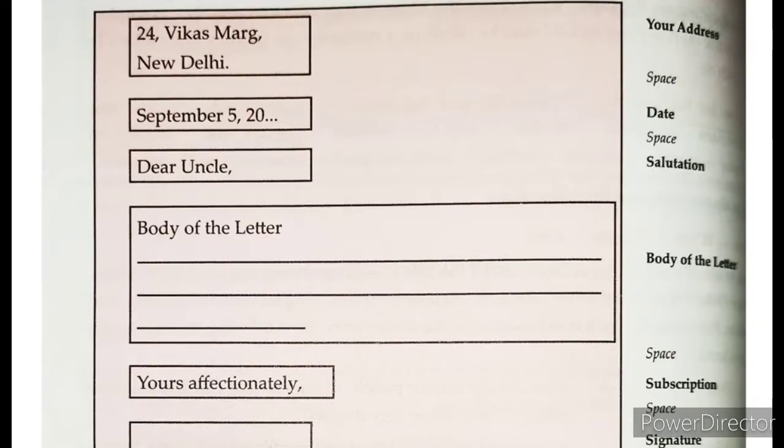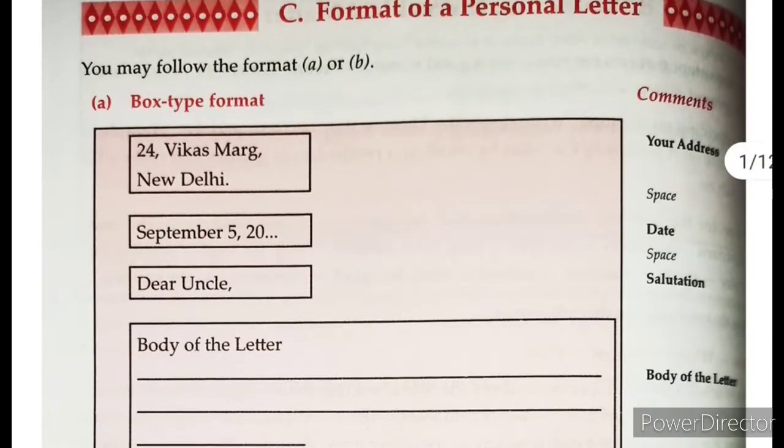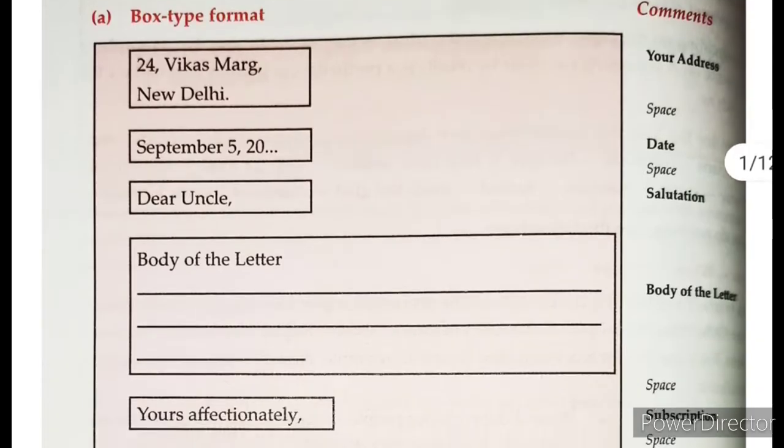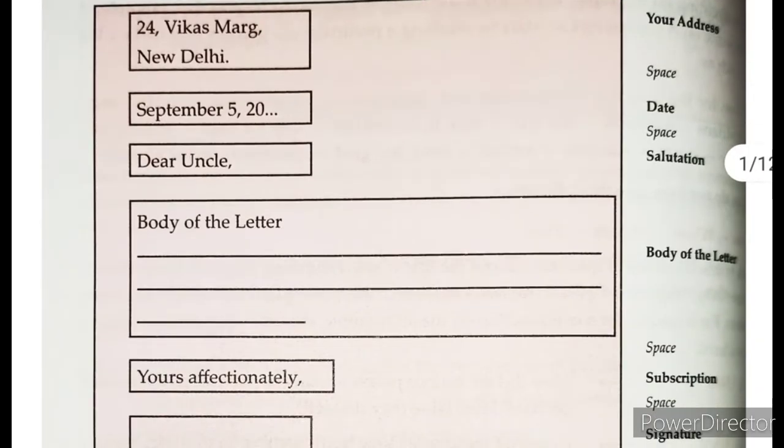So remember, in case of a personal letter or what you call an informal letter, you are expected to write a little more in the body of the letter. Whereas when it comes to a formal letter, that is an official letter, your letter should be brief and to the point.